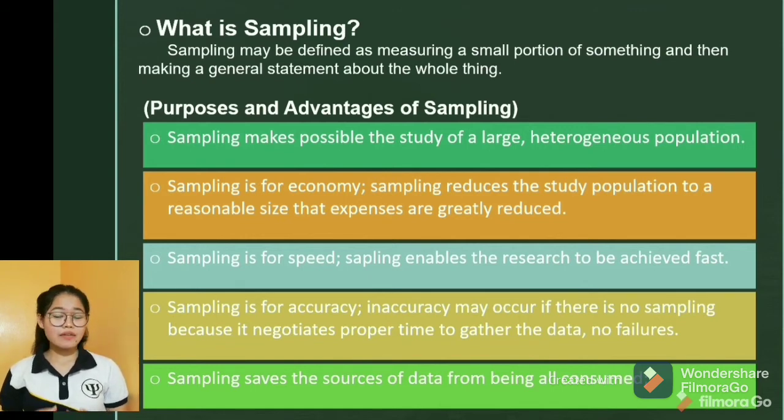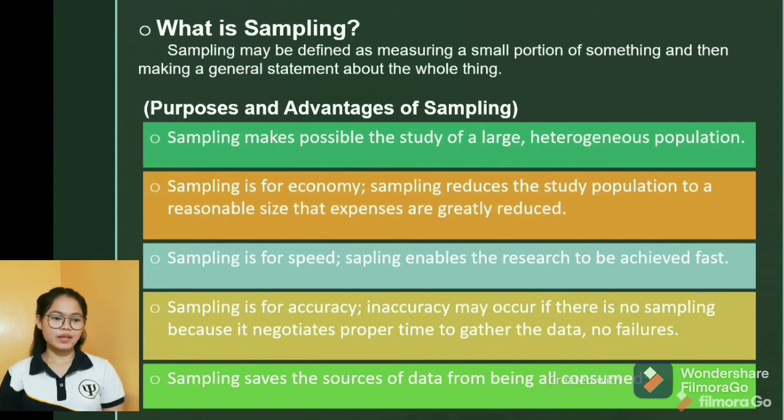Because we all know that doing research is so expensive. We have to do this, we have to do that, we have to pay for this, we have to pay for that. But with sampling, you can minimize your expenses because you have selected certain portions only, not the whole population. And I guess it is understandable.